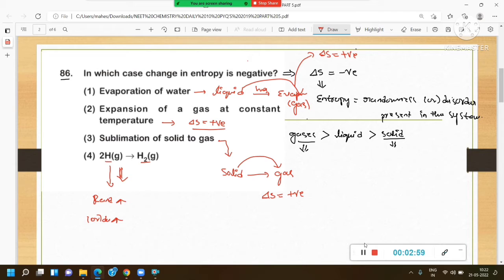It combines with another hydrogen atom to form the hydrogen molecule. In the molecule, the randomness is decreased. That's why delta S value becomes negative. So according to the question, option 4 satisfies the given question. So 4 is our correct answer.